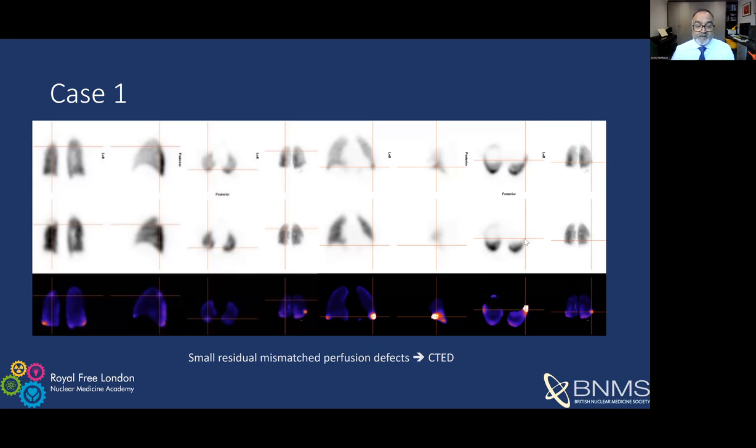Now, given the history of previous PE and no other obvious cause for this patient's abnormality on the CT, we would diagnose these as chronic thromboembolic disease. So we would say that these are residual areas of scarring that are the result of the previous PE.